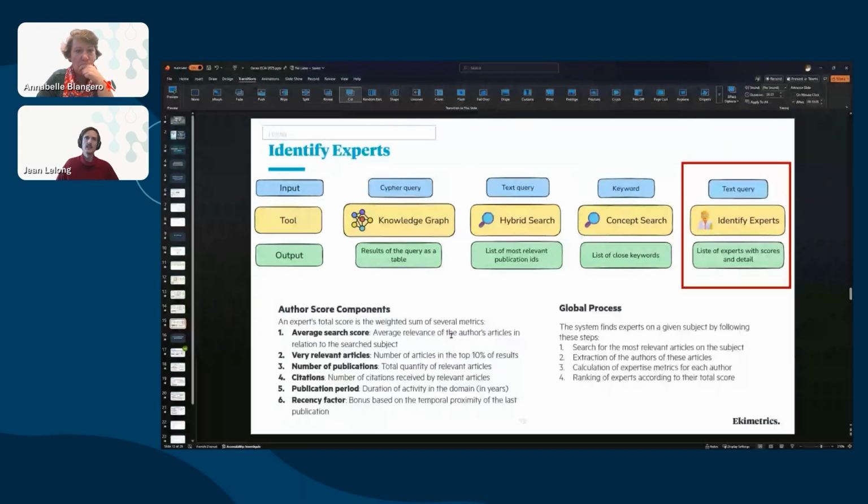The last tool the LLM agent has access to is more complex, more hard-coded, based on rules we decided on with them to identify experts in their field. So it calls each of the other tools several times in hard-coded program code, and then gives a consolidated score of the expertise of each researcher on a given topic.